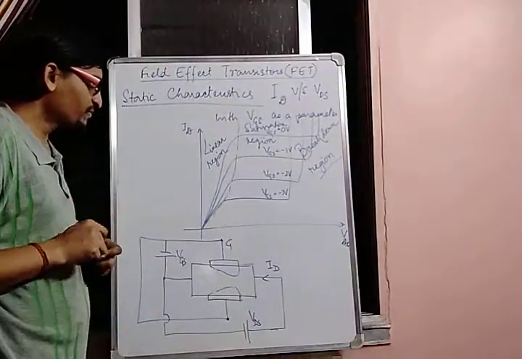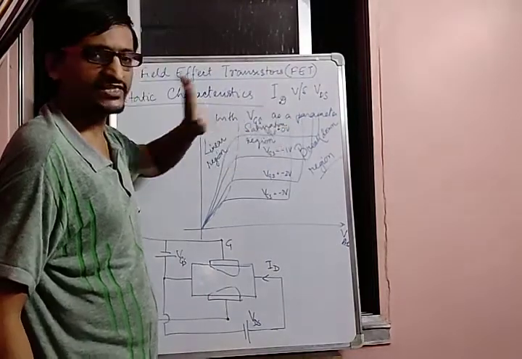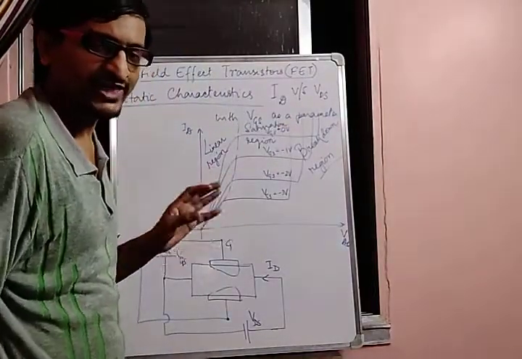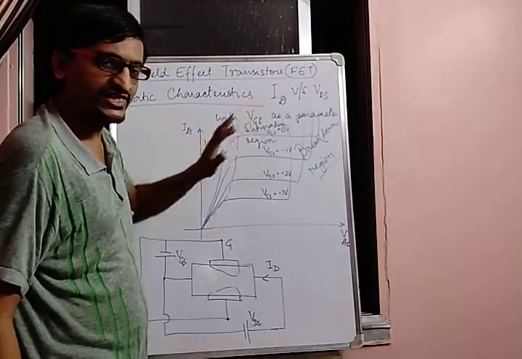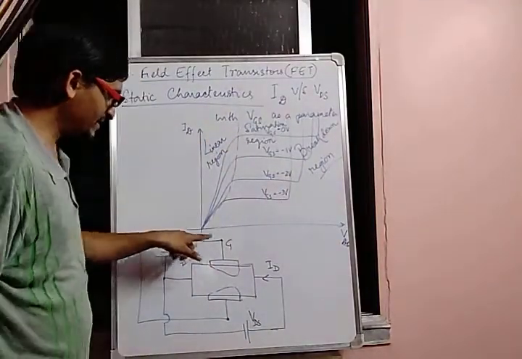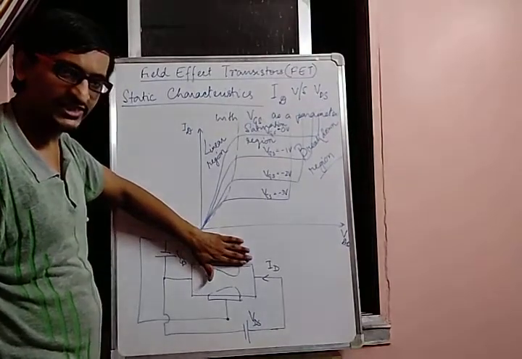First of all, let us consider the case when your VGS is 0. When your VGS is 0, that means basically the voltage of the gate terminal is 0. So say this voltage is 0.